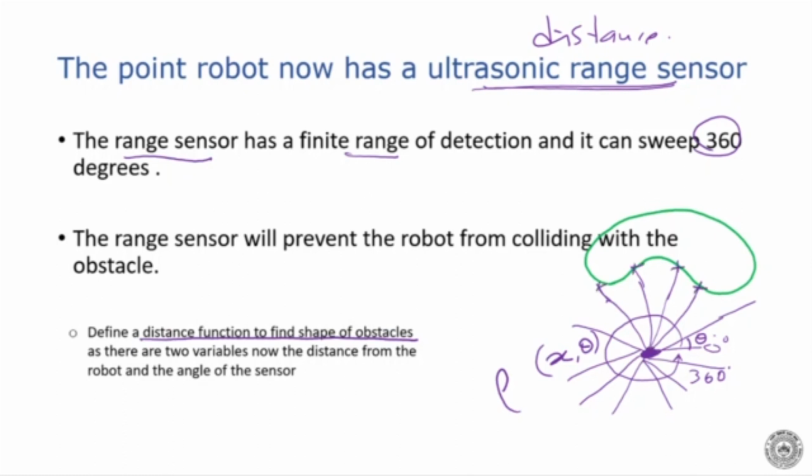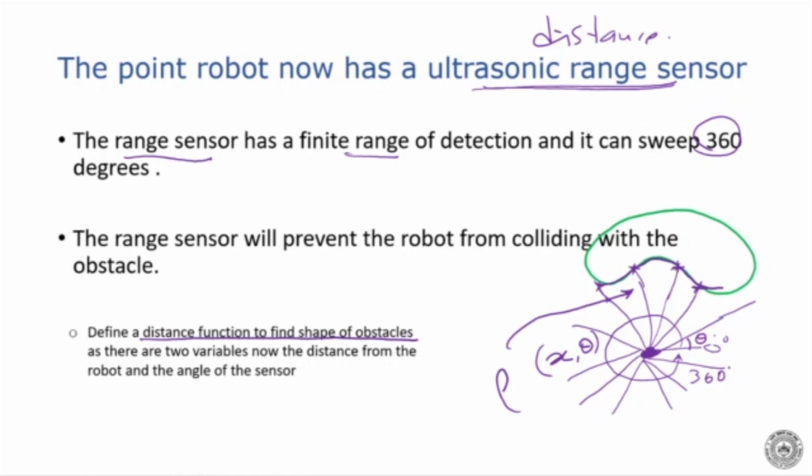So the robot position X is the same, but at different angles, at different thetas, you can see that the distance it gets to the obstacle is different. Why? Because the obstacle has a particular shape. So this rho is what is going to give us the distance function. For the same X, for a different theta, it will give you a different distance.